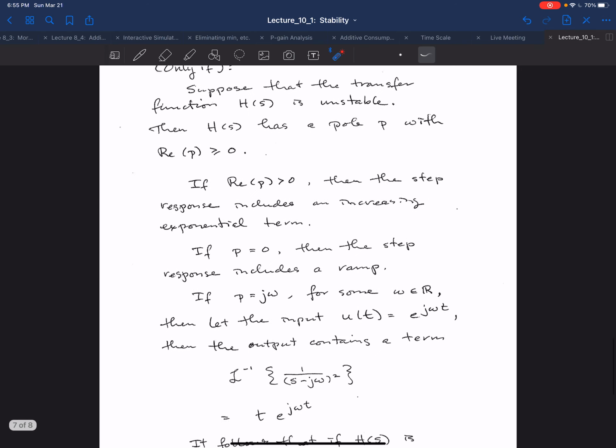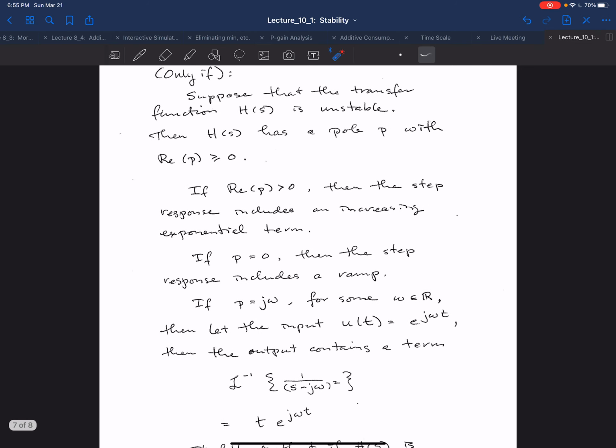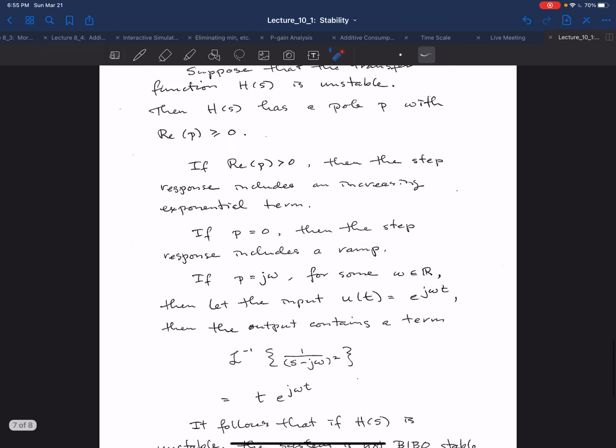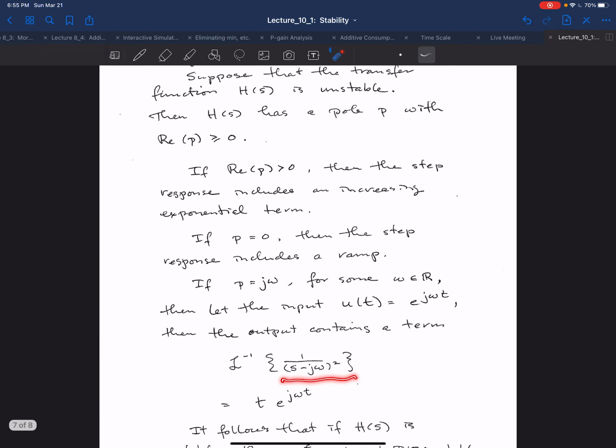Then it's easy to see that the transform of the output is going to contain a term of the form 1 over (s minus j omega) all squared. And that means that when you invert that term, you're going to get a term in the response of the system to this bounded sinusoidal input that looks like t times the same bounded sinusoidal input.